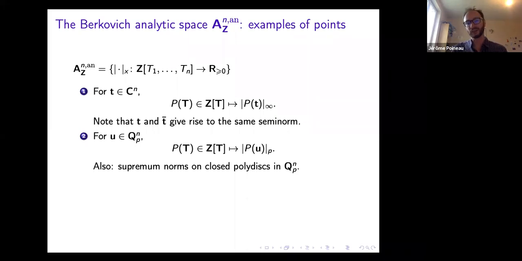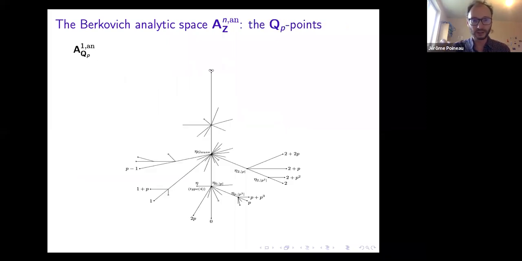And this is why there are more points inside the Berkovich space than only the points in the field that you started with. And this is the reason for all the good topological properties that Berkovich spaces have. For instance, there is a picture in the next slide here.